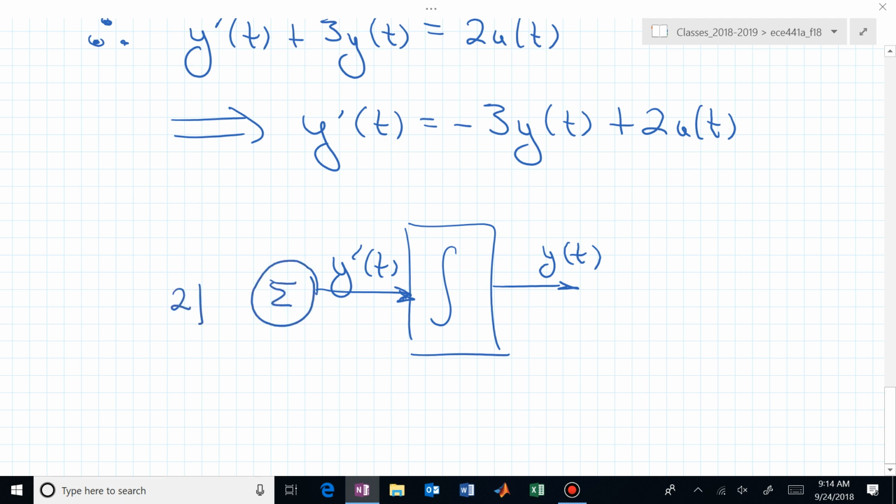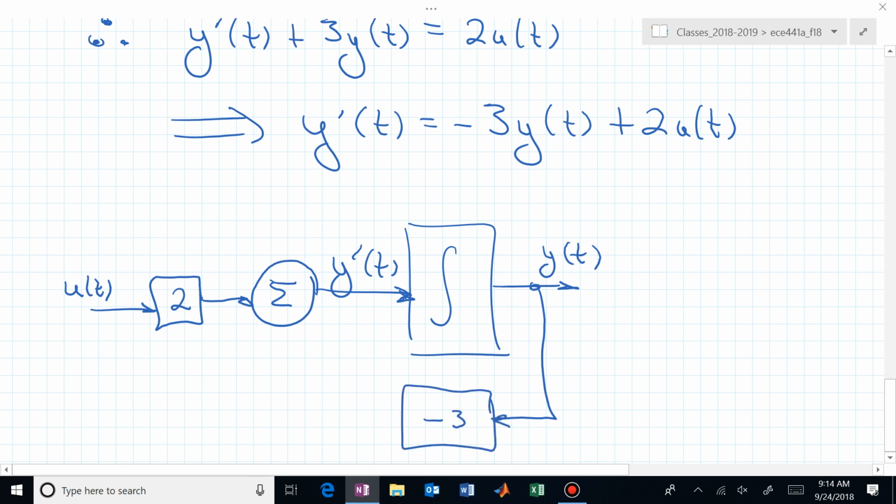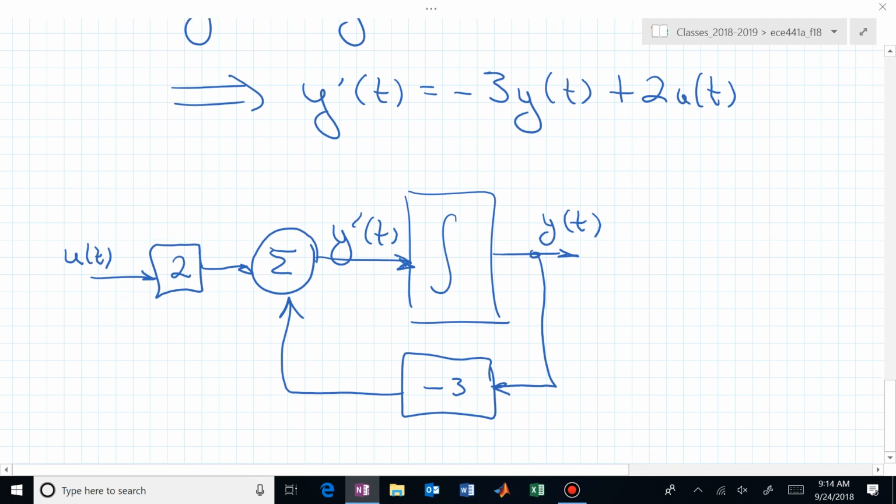That's now 2 times u of t. And it's y of t scaled by minus 3. Now I have an all integrator block diagram for g sub 2 of S, that original transfer function.